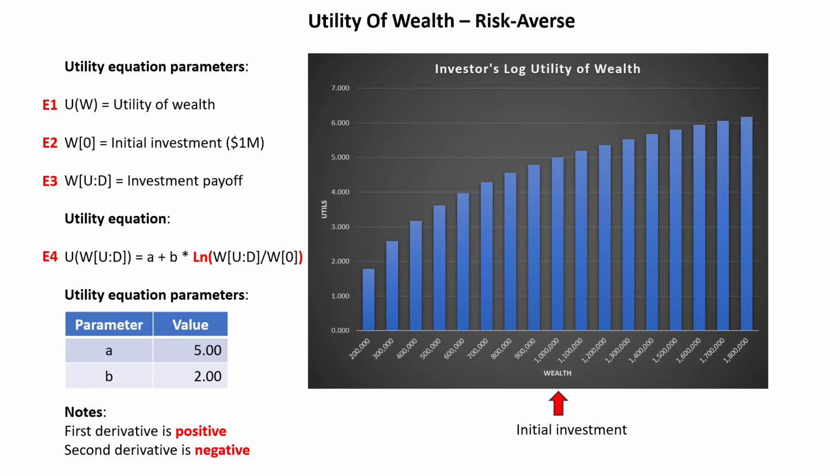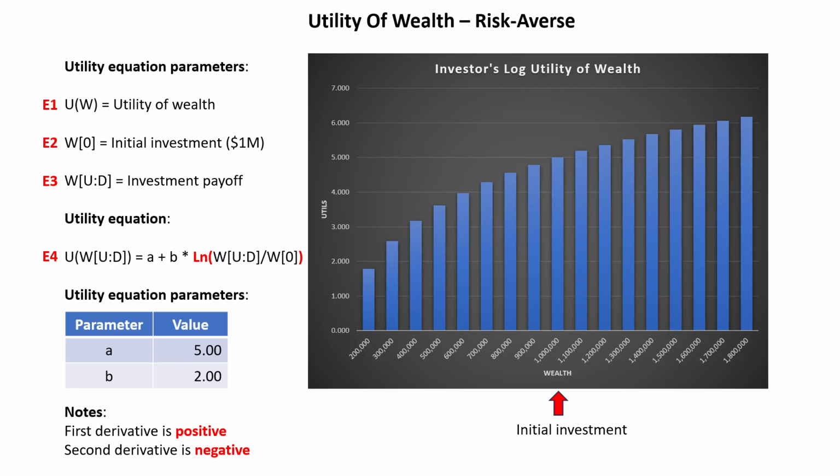Again, I'm going to use the same equation parameters, A and B, but note that the first derivative is positive, which means that every dollar of wealth adds to my utility, but the second derivative is negative, which means that every additional dollar adds to my well-being, my utility, but in an ever decreasing manner.